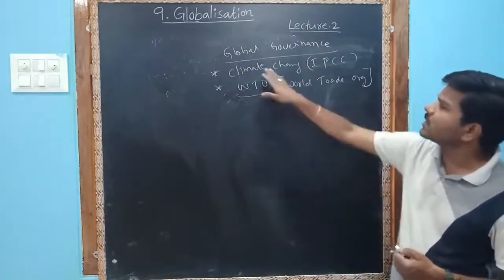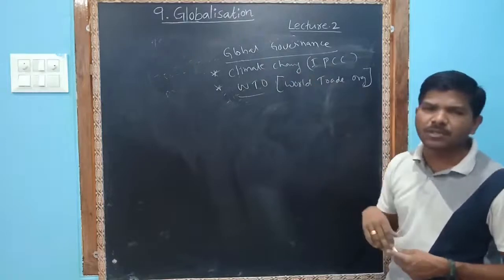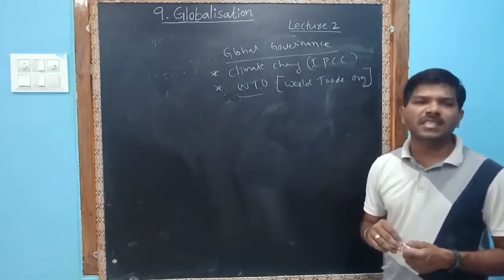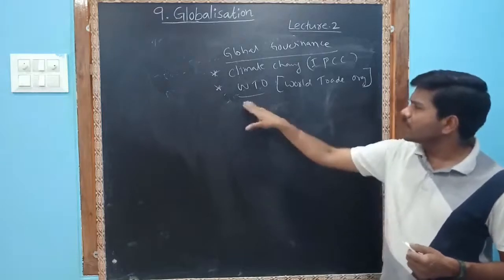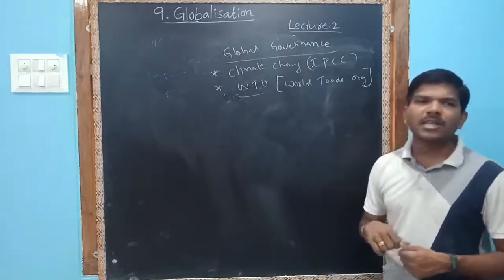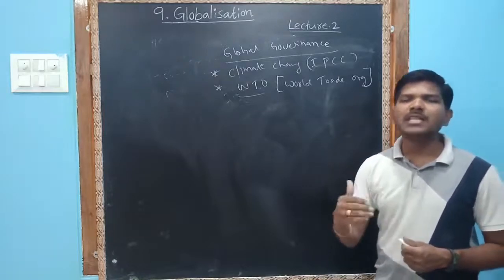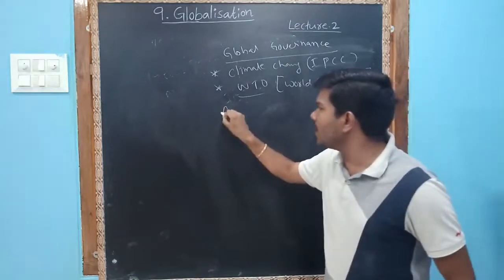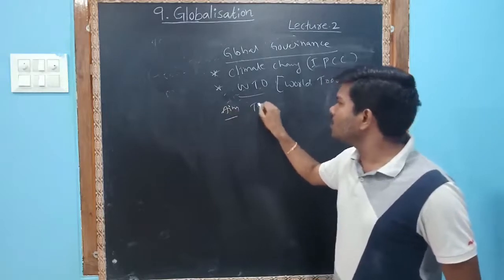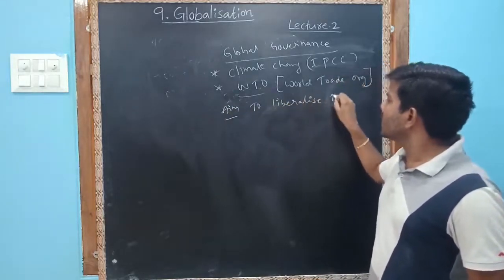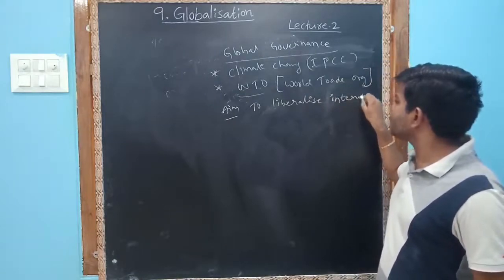We know that the main aim of the Climate Change organization, IPCC, is to reduce the global temperature by 2 degrees Celsius. The WTO's aim is to liberalize international trade.